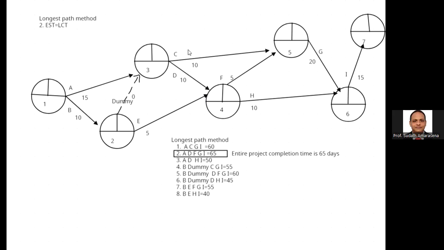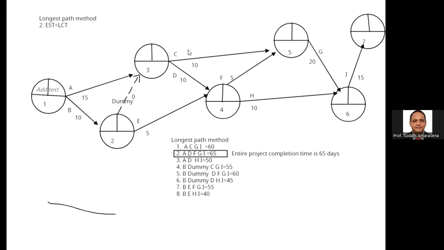Then now I'll explain the earliest starting time, latest completion time method. I mentioned earlier, if you are going to apply this method, first we should start from event number 1. We are going to calculate the earliest starting time first. Normally, for event number 1, we assume the value as 0.